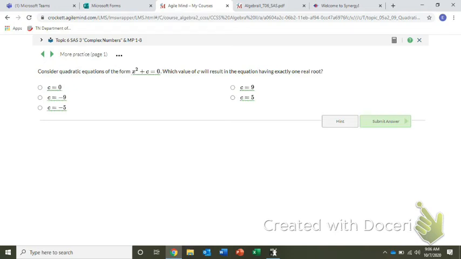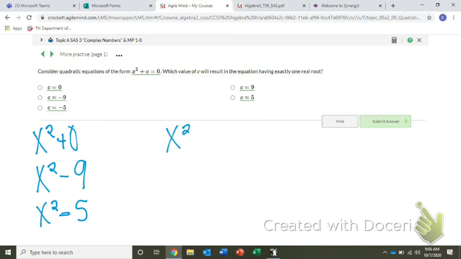So, I'm going to write them out. X squared plus 0. X squared minus 9. X squared minus 5. X squared plus 9.